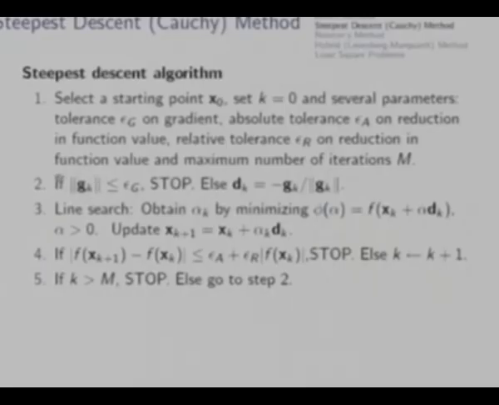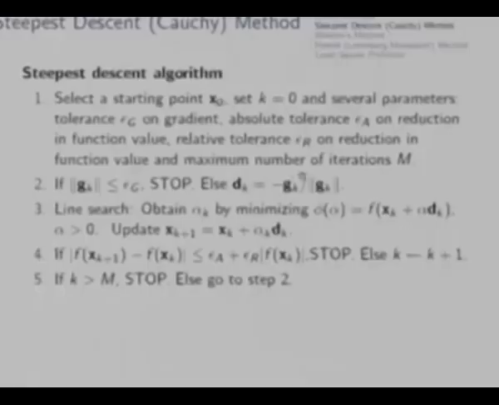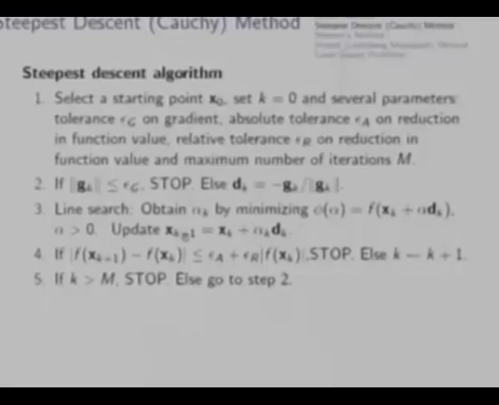If the gradient at a point is found to have very small magnitude, that is almost 0, then we stop, else we evaluate the direction, and then in that direction conduct a line search by minimizing this, and accordingly update the point x, that is xk plus alpha k dk, the result of the line search, gives the next point. Then we can check whether there has been significant change in the function value in terms of absolute tolerance and relative tolerance. If not much change has taken place, then we can stop.